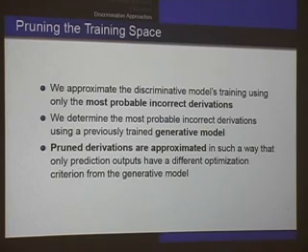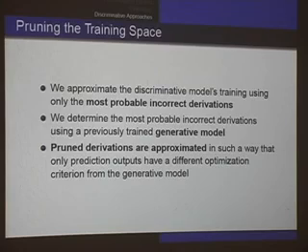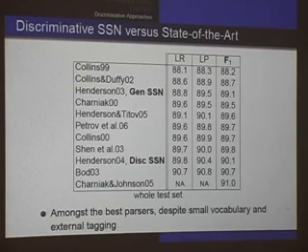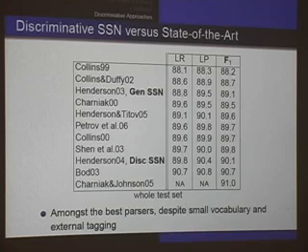If you approximate the backward probabilities for the pruned derivations in such a way as to minimize the difference between the discriminative and generative objective functions, then you get the result that I showed before. You get this very good result. So it's a way of doing discriminative training.